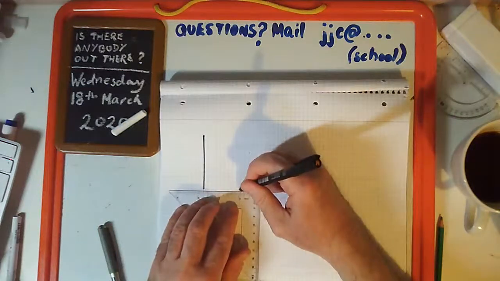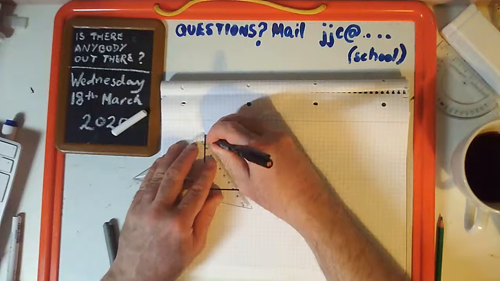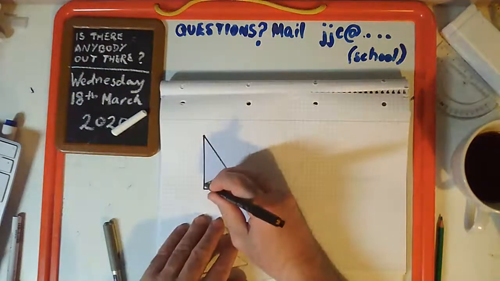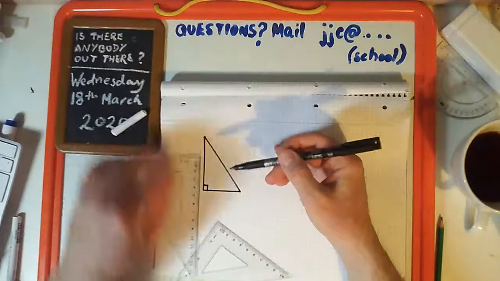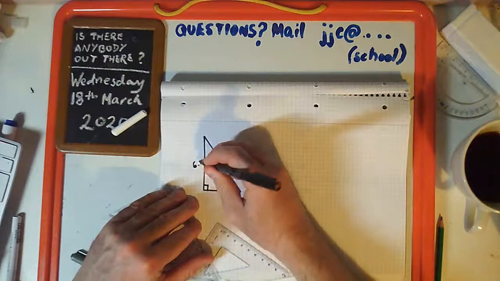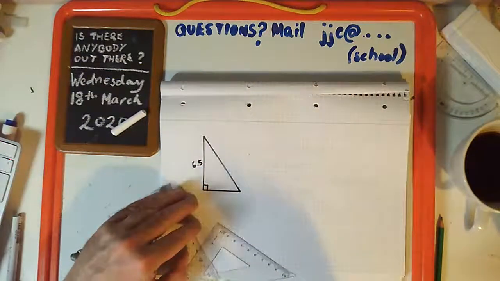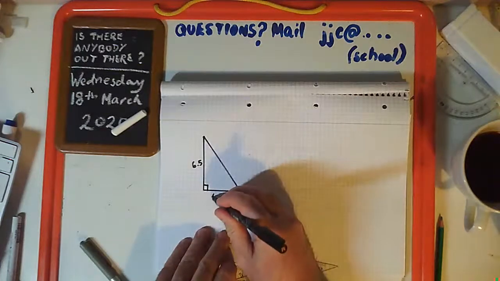So the first type of question is, let's draw a random right angled triangle. Now in fact, let's measure it exactly. So this is 6.5 centimeters, and I've just drawn it randomly. That's 4.5 centimeters.